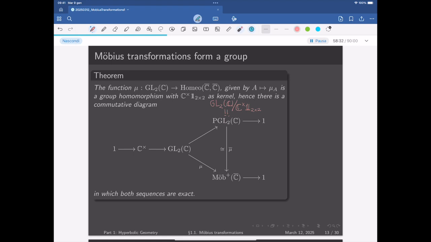And then this is just isomorphic to PGL2C. So I would think that this is some sort of concrete incarnation of this abstractly defined group. Okay, so indeed they form a group.